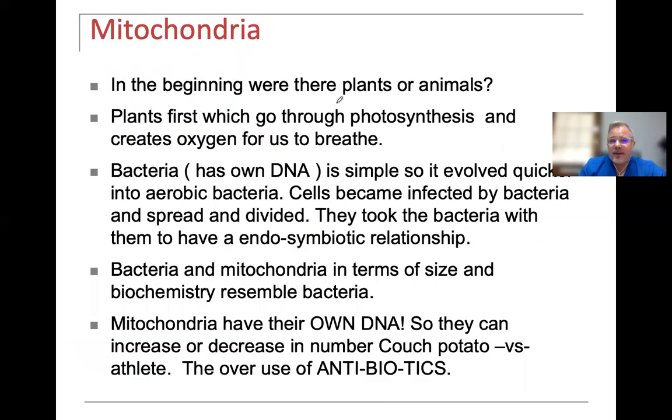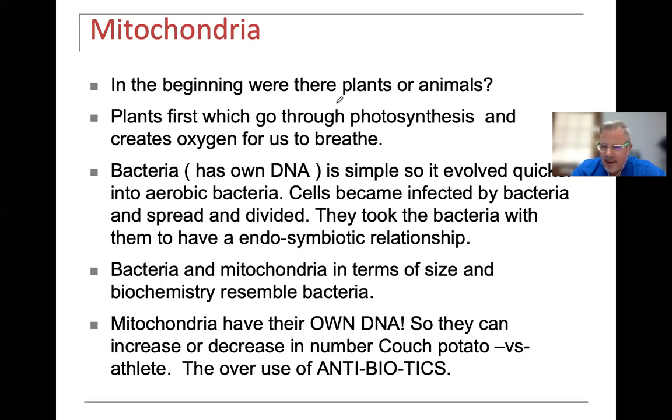Now, the mitochondria, one of the theories is that it's this symbiotic relationship that took place where bacteria, first in the beginning, there was more plants. And plants go through photosynthesis and they create oxygen for us to breathe. And bacteria has its own DNA. It's so simple, it evolved quicker into aerobic bacteria.